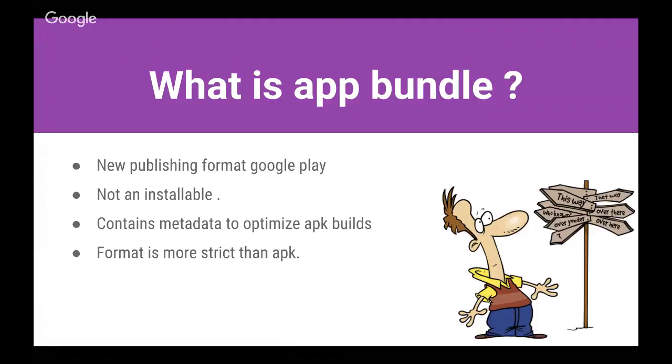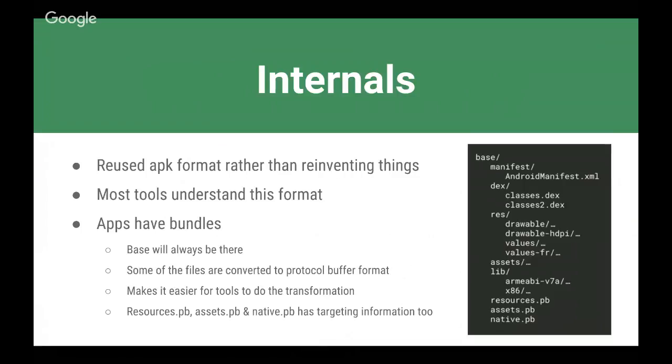It also is a slightly stricter format than APK, and this strictness is basically because you want tools to perform a lot better. So in order to ensure the integrity of working with tools, we have made it a slightly stricter format.